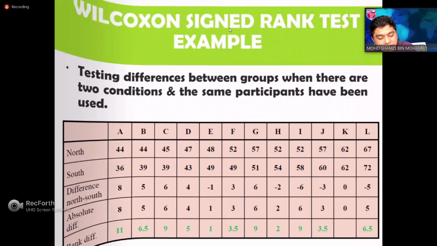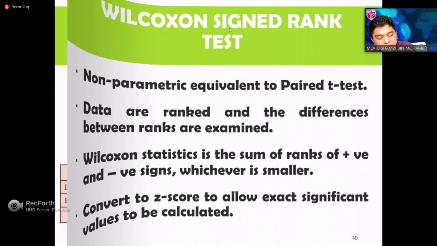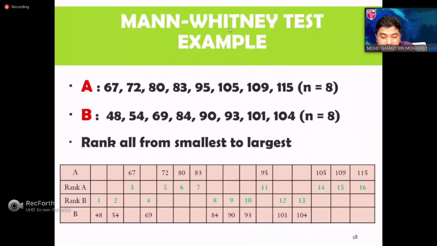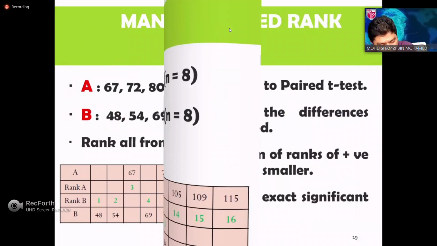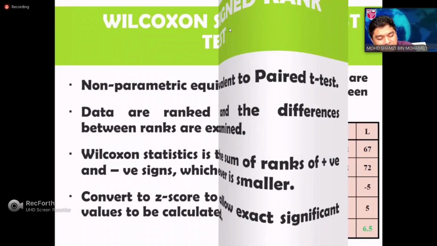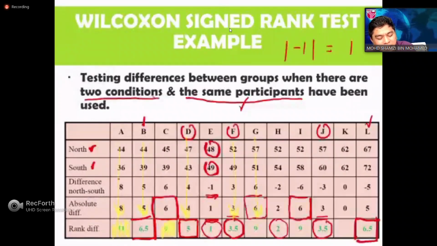If you go back again, there is a difference, maybe in the treatment or in the pain scale or whatever between group A and group B. Something like that. Sorry. In this particular example, this one is paired, not the other one.